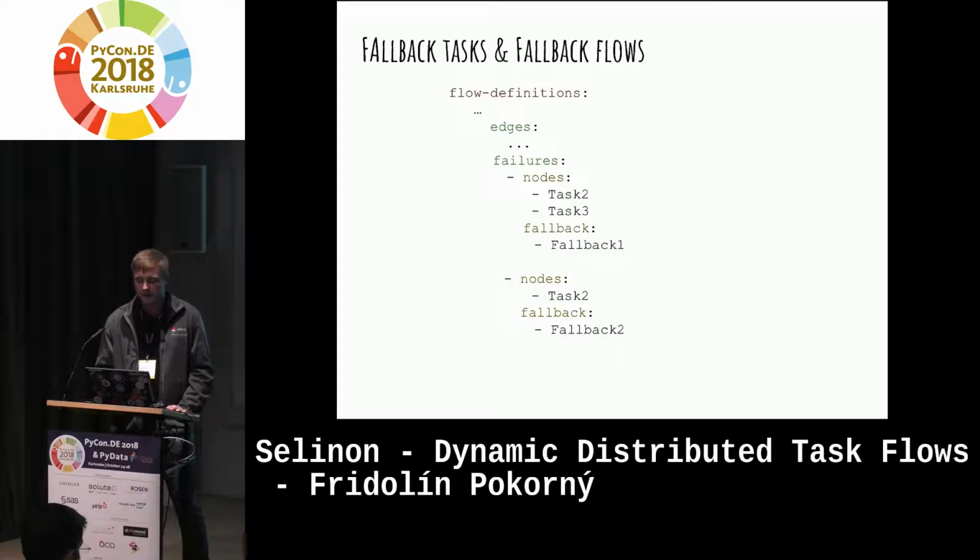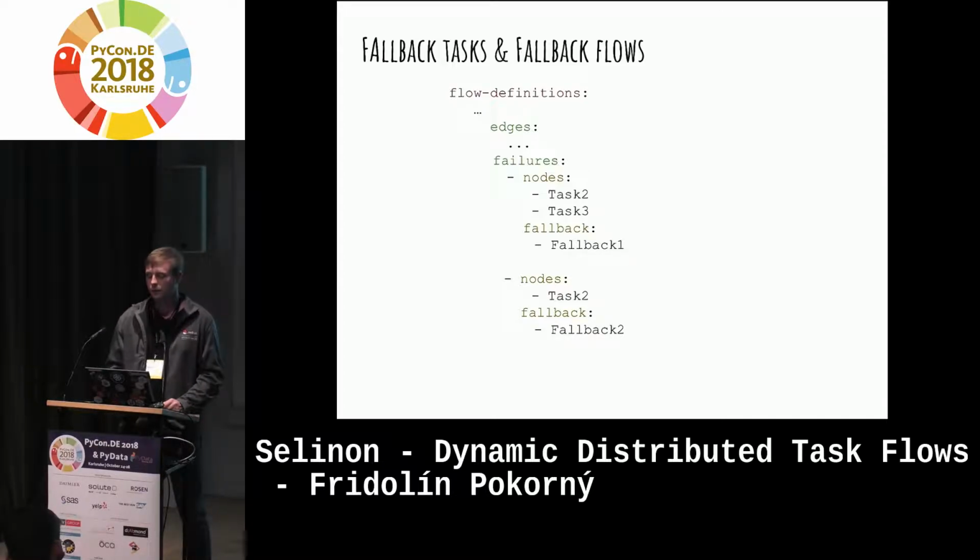You might be wondering, what about time dependencies? What if task 2 fails and task 3 is still running? In this case, Selinon waits for task 3, and if it finishes successfully, then fallback 2 is run, and if it fails, then fallback 1 is run. It's important. Okay.